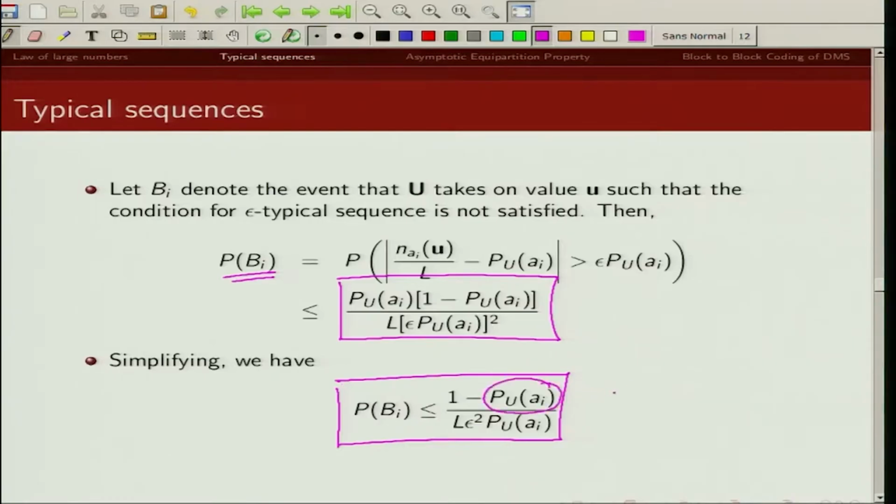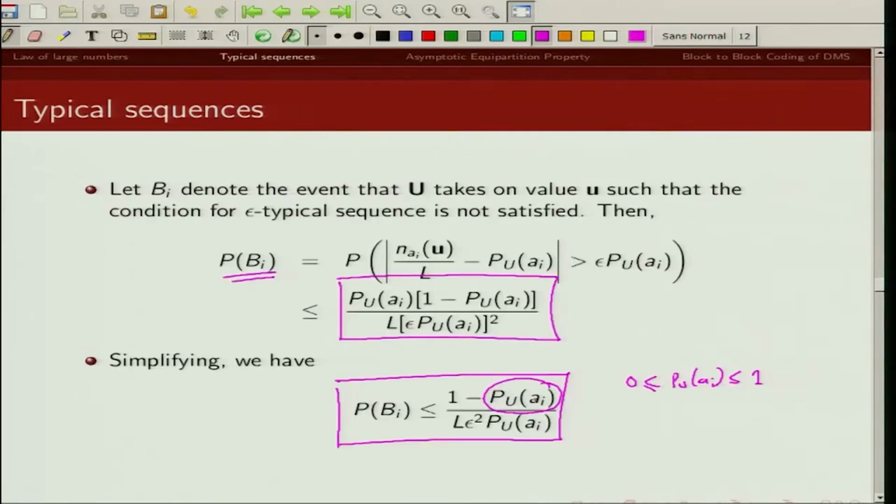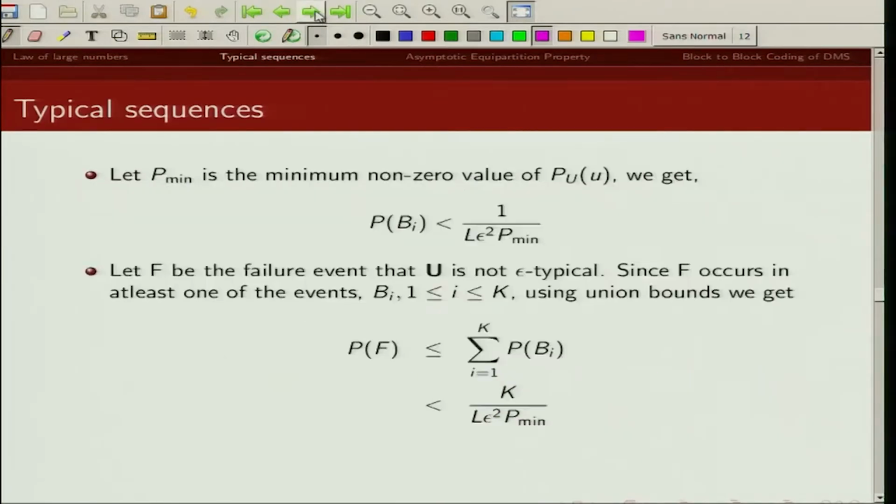Now 1 minus P of Ai is a quantity between 0 and 1, so it is less than or equal to 1, and if I replace P of Ai by P min, the minimum over all i, I get an upper bound given by this expression.